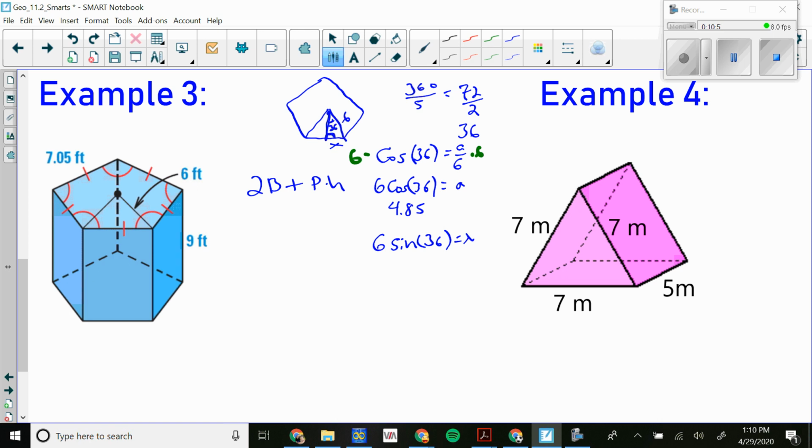So pull up 6 sine, I'm putting in the calculator, is 3.53. And that makes sense compared to our picture, 3.53, and then there's 2 of those here, so if I double this, 2 times 3.53 is, I think, 7.06.